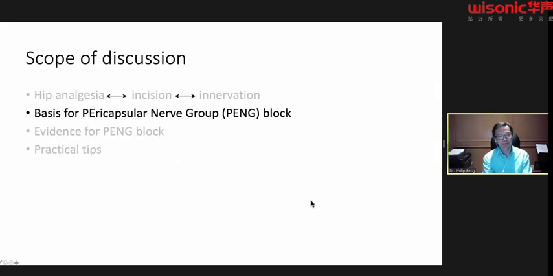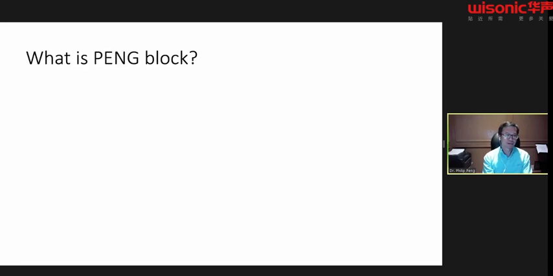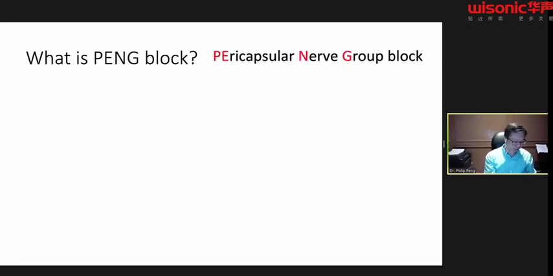Okay, let's talk about the pericapsular nerve root block. What's the PENG block? As I say, it is a pericapsular nerve root block. It blocks the group of nerves around the capsule. What does it mean?